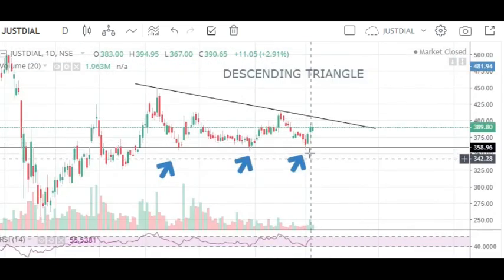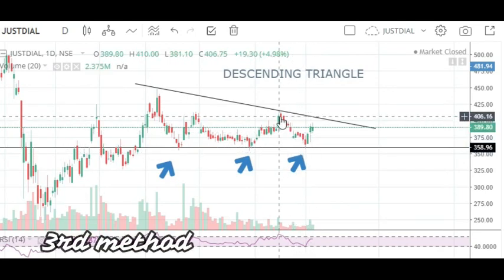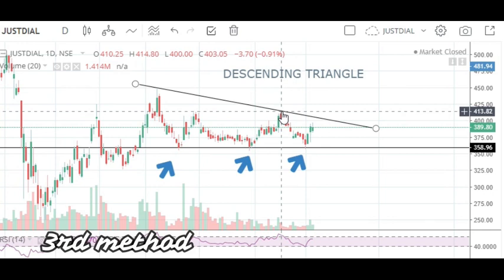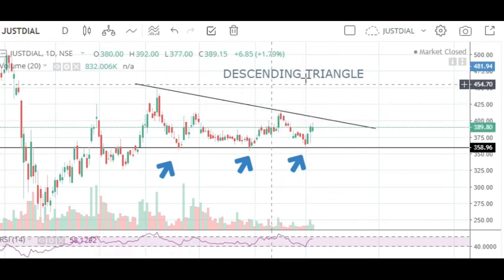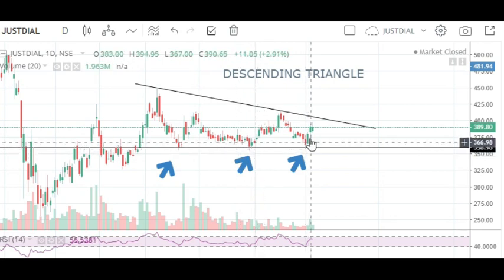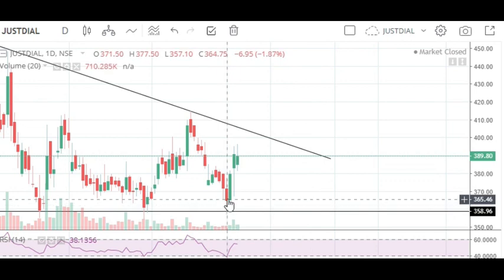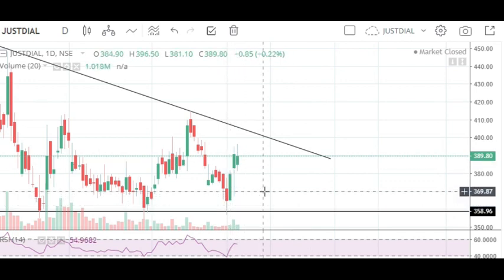Now what I can do with this pattern is, when the price hit the support, I had figured out the descending triangle pattern, and I waited for it to take support in this exact same area where it had already taken support. Once it took support over here, the next day a bullish candle was formed with a lot of momentum and a lot of volume.